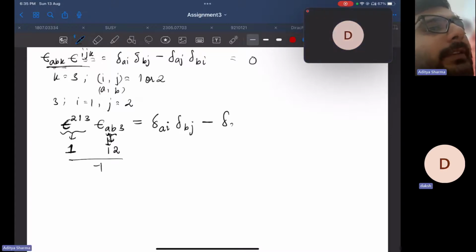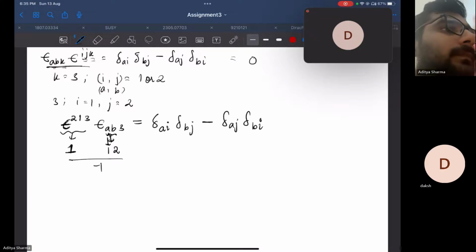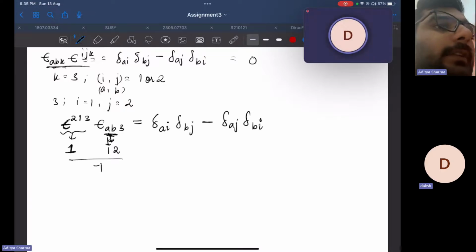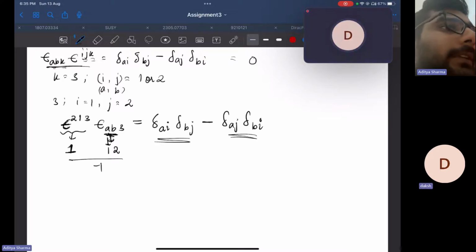So you have to add this term also, delta A J delta B I. This is for the minus 1 part, and this is for the plus 1 part.